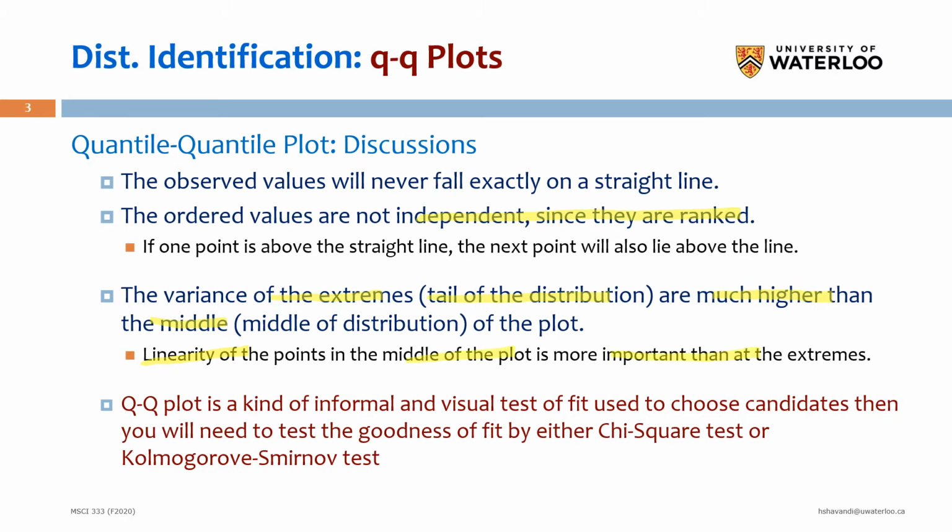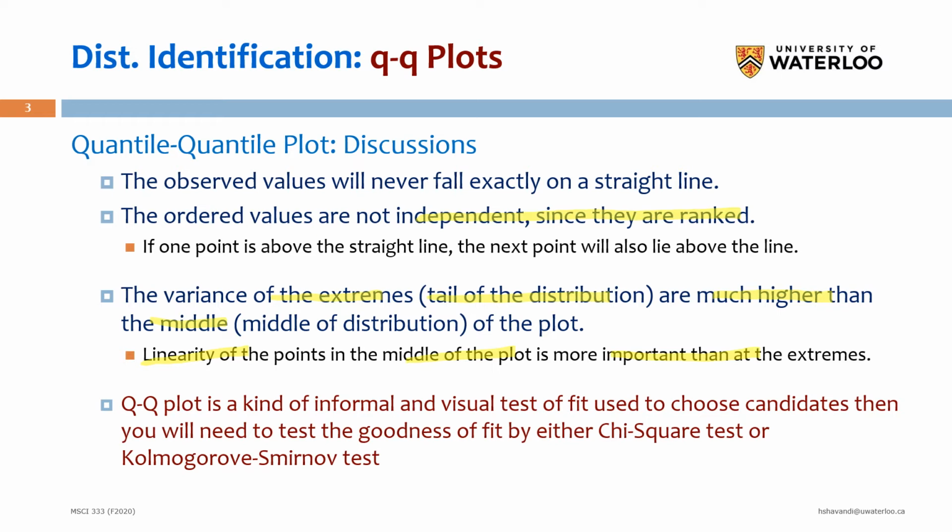The last thing is that the QQ plot is an informal, visual method to test the goodness of fit, but it's not formal, so we can't rely on it to say that this distribution is a good fit for our data set.